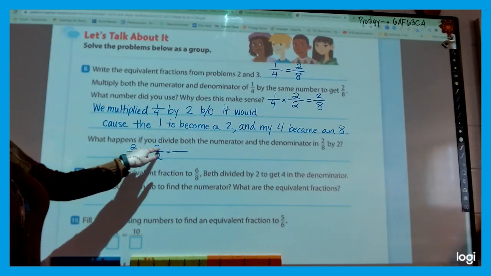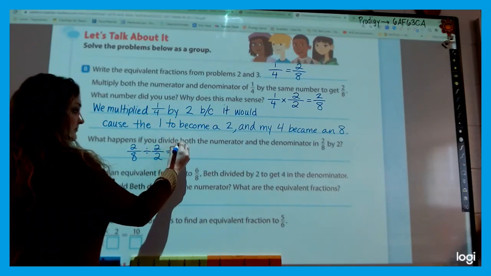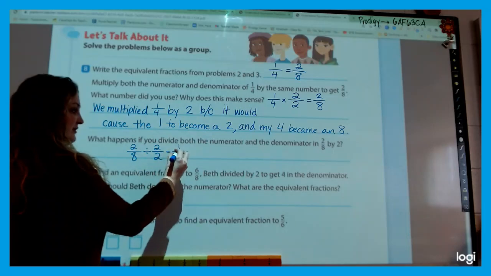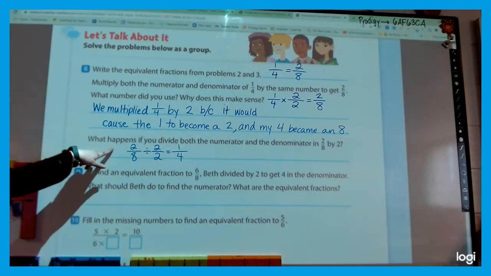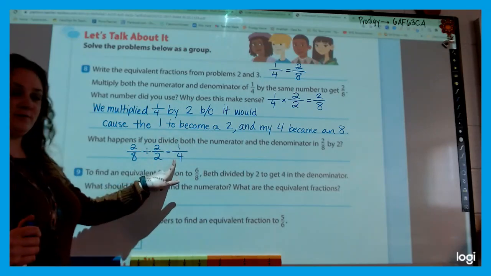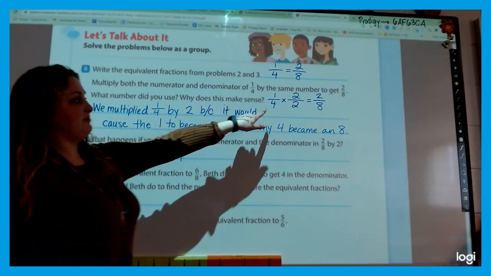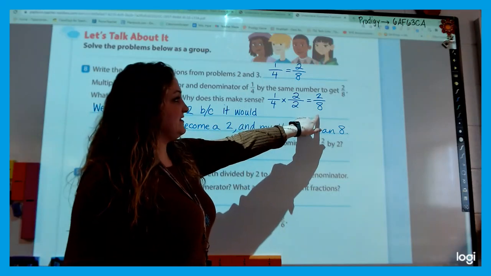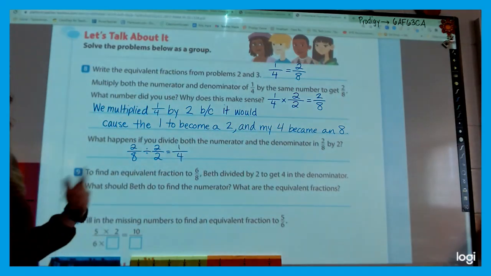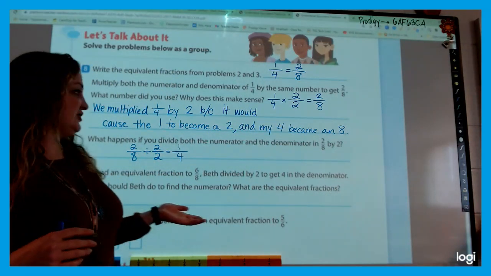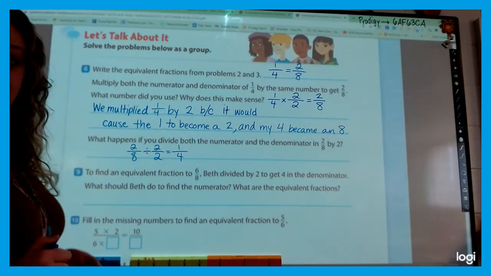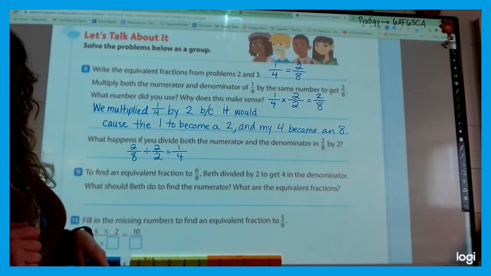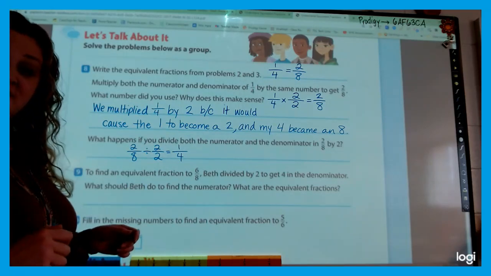So 2 divided by 2 is 1. 8 divided by 2 is 4. So in this problem, we went from 2/8 back to 1/4 by division. And in this problem, we went from 1/4 up to 2/8 by multiplication. Does that work because multiplication and division are the opposites? It does. So even in fractions, multiplication and division are opposites.